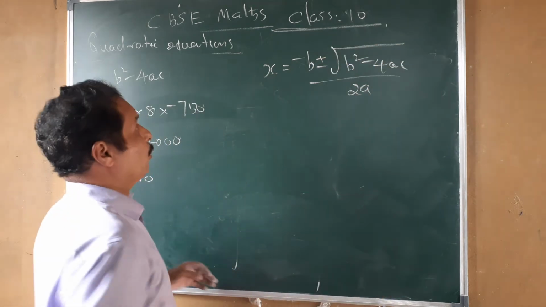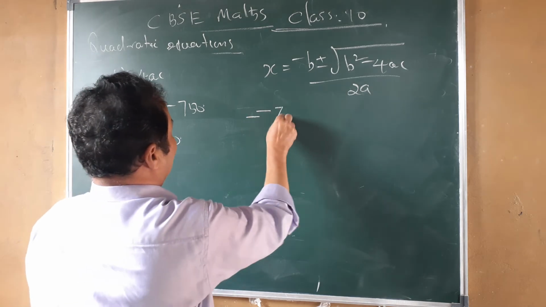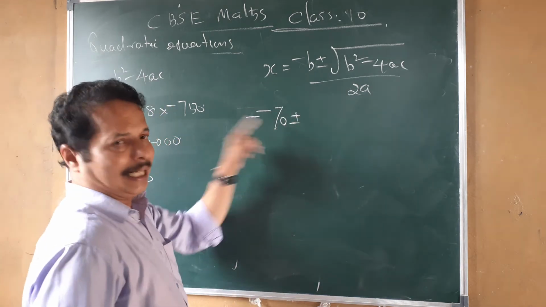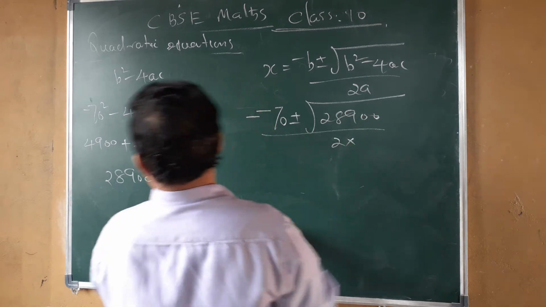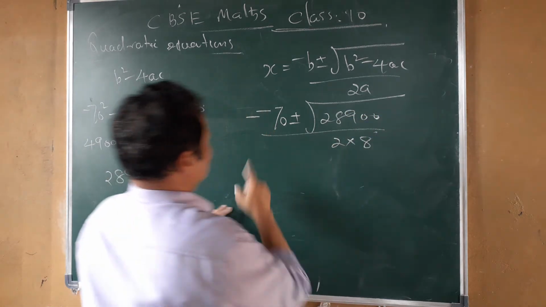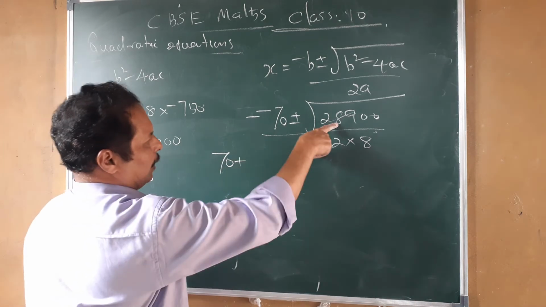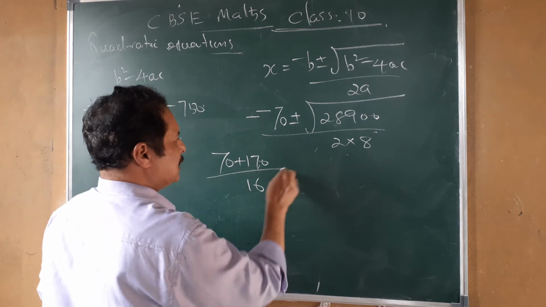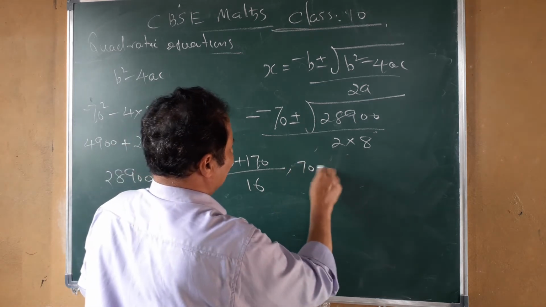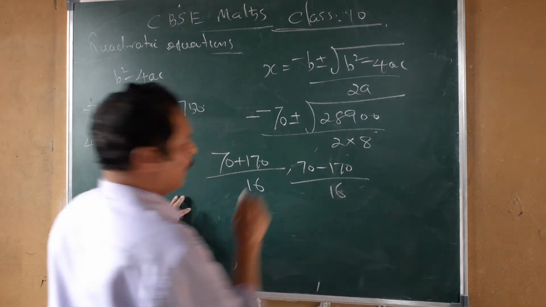You remember the quadratic formula? Minus b means minus minus 70, the root of 28,900 divided by 2 into a, which is 8. Minus minus is plus. The value is 240 divided by 16. And the other value is 70 minus 170 divided by 16.